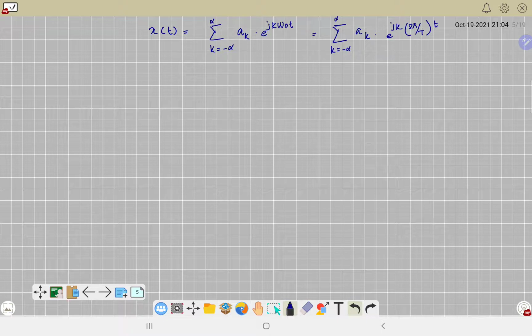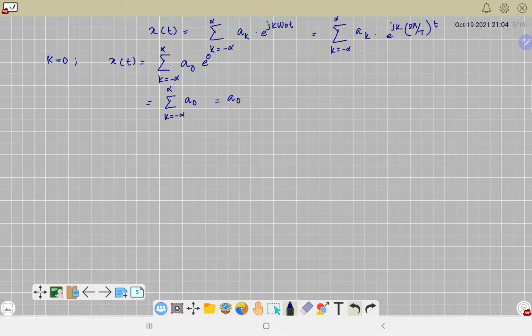Okay? Now, in this equation, if we take k equal to 0, you will see x of t is equivalent to the summation, k running from minus infinity to plus infinity, of a of 0 times e raised to the power 0, which is simply a of 0.